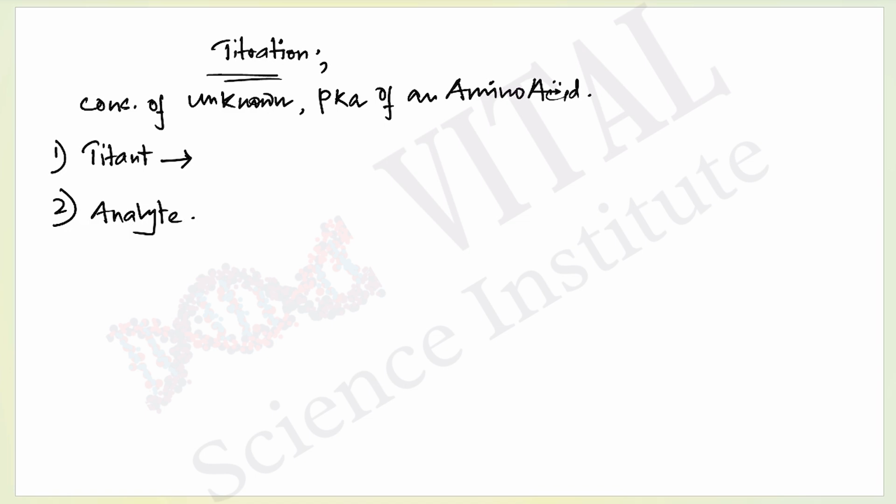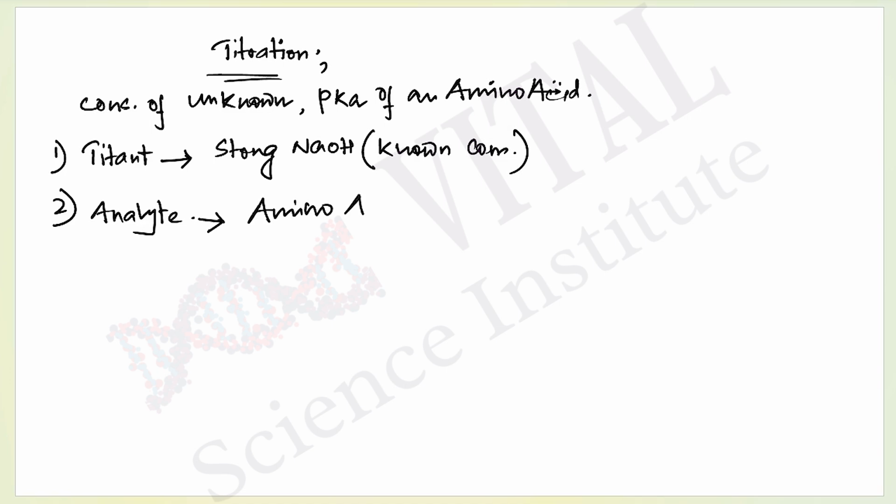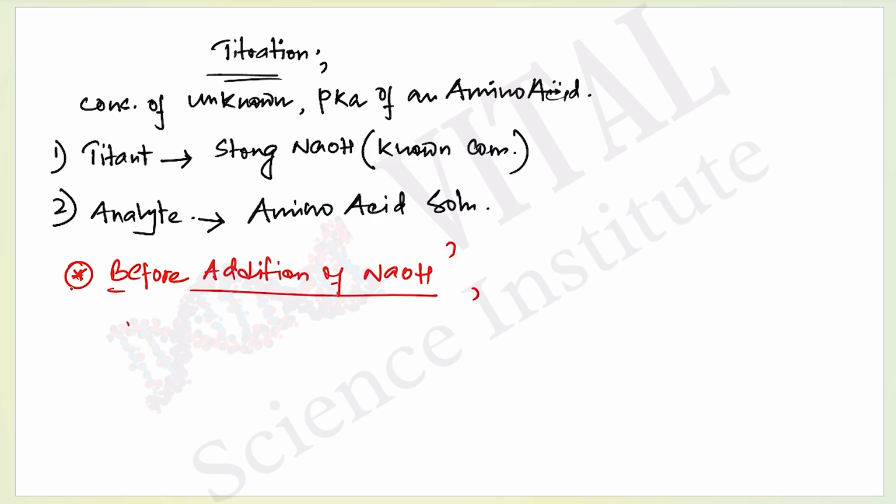As a titrant, we should use a strong base, here NaOH, of known concentration, and as an analyte we should use the amino acid solution. Therefore, before the starting point, before addition of NaOH, suppose we have an amino acid called glycine.